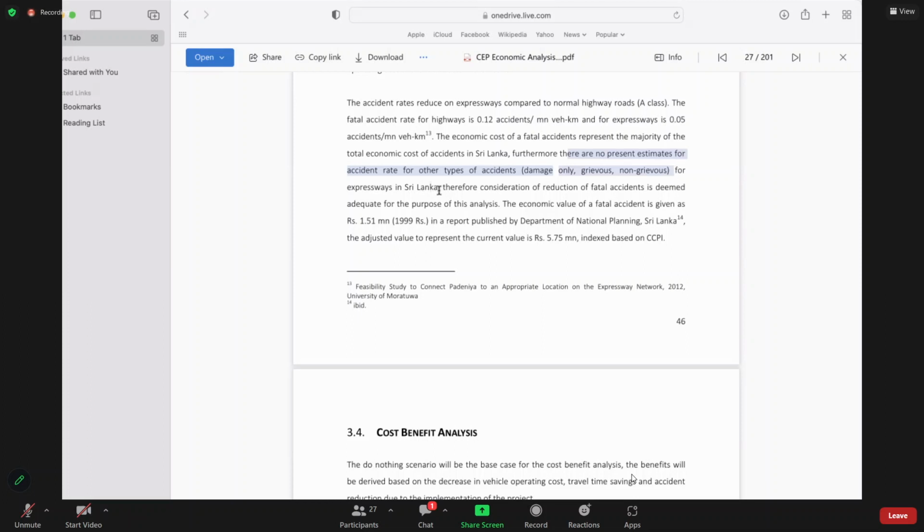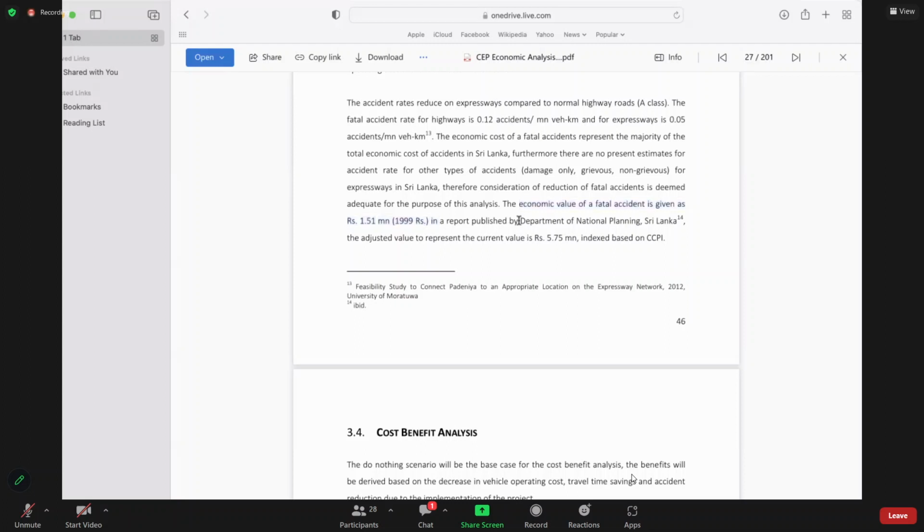Therefore, reduction of fatal accidents only they have been able to consider. So we have data available to cost fatal accidents. They have economic value of fatal accident as 1.5 million as per the 99 values.